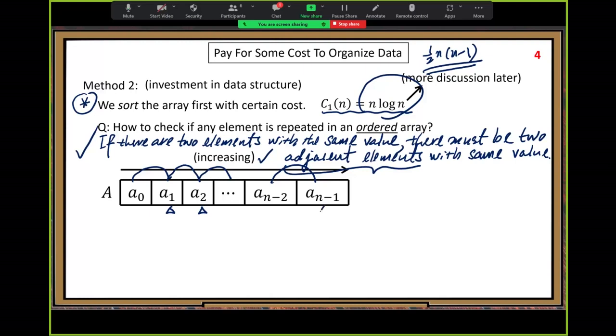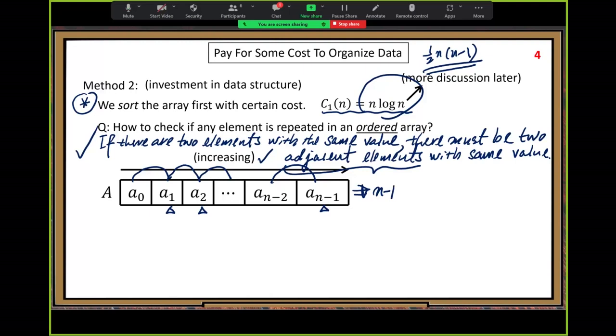Then the last pair, the subscript of the last element in the pair, right? Then you count the number of subscripts, the number of comparisons you need to do: n minus 1, right? n minus 1, counting by reference.